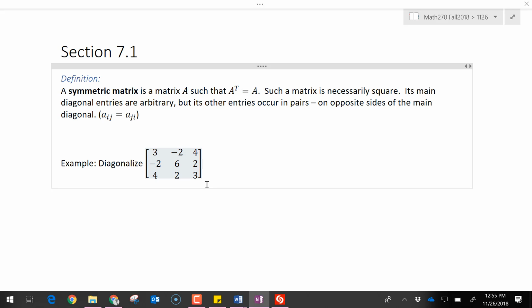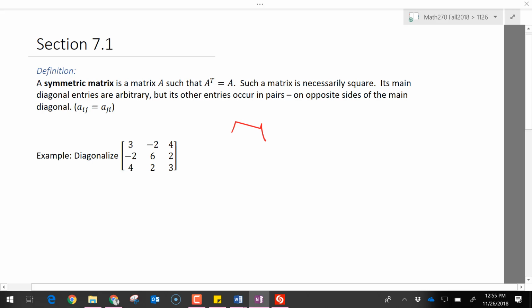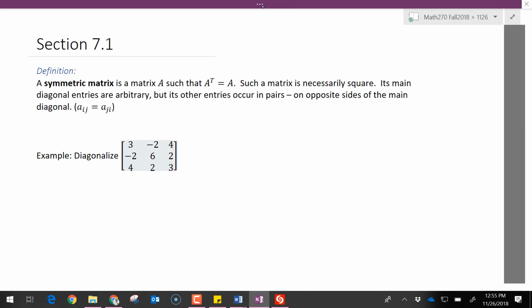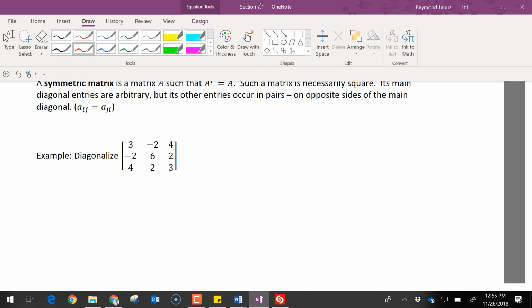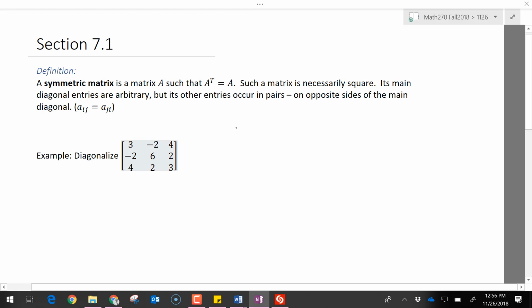So let's try to diagonalize this. First we have to find the eigenvalues, then we find the corresponding eigenvectors, and then we create our P and D. To diagonalize, remember it's P, D, P inverse, or maybe inverse first. I forgot where the inverse was.